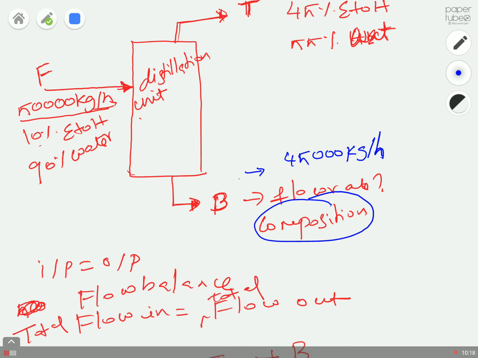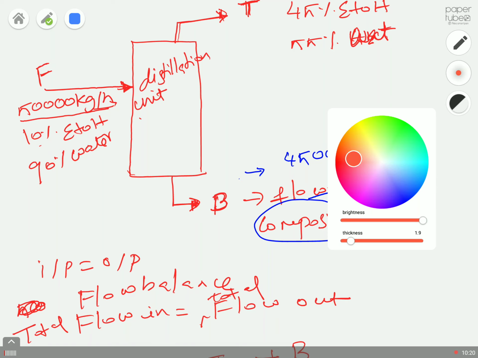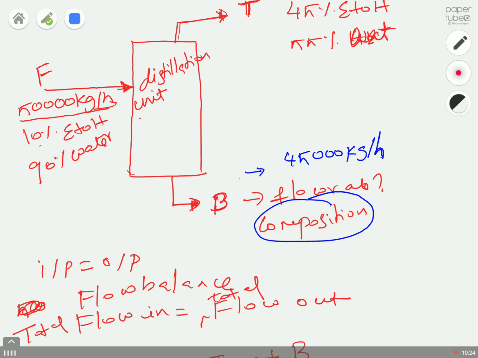How to do that? You should know how to perform a component balance, an individual component balance. I already showed you how to calculate the mass flow rate of individual components. You have 50,000 kilograms per hour, and 10% of that is ethanol.